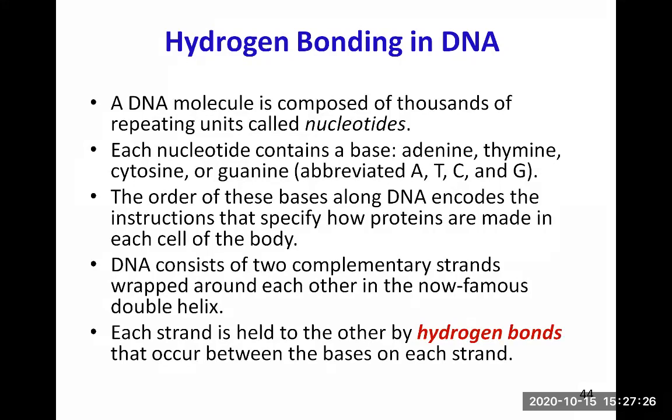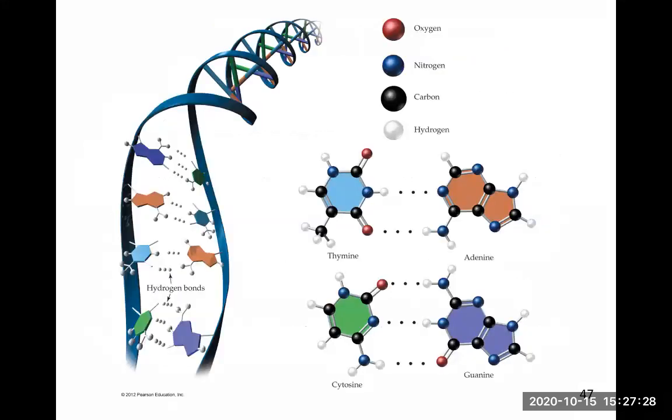And because it's intermolecular attractive forces, they can be broken. And so the two strands will be separated, and that will allow replication of DNA. And replication of DNA can be very specific because the thymine can only hydrogen bond to the adenine, and this way only an adenine will face a thymine. And the cytosine, similarly, is attracted to the guanine by hydrogen bonds.